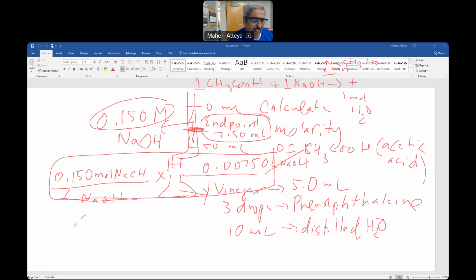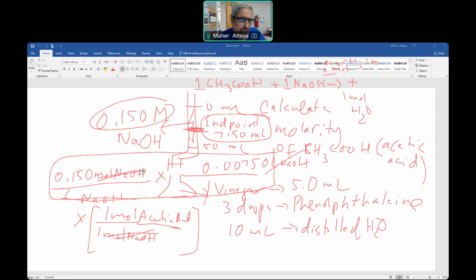The next step is to get the moles of sodium hydroxide out of the way. So 1 mole of sodium hydroxide cancels with 1 mole of acetic acid from the equation. So I get moles of sodium hydroxide, moles cancel.